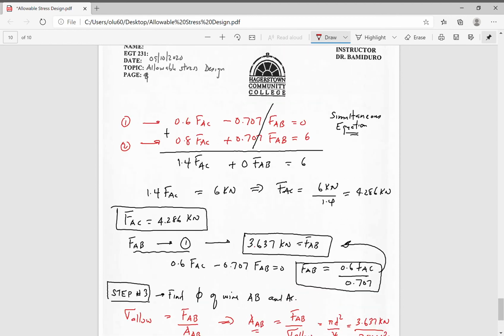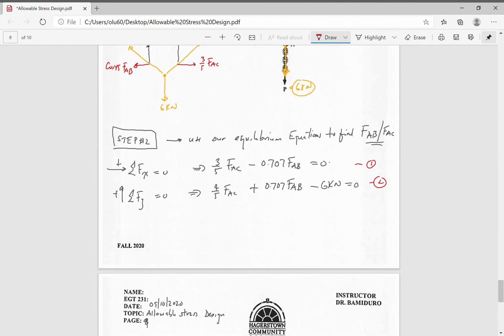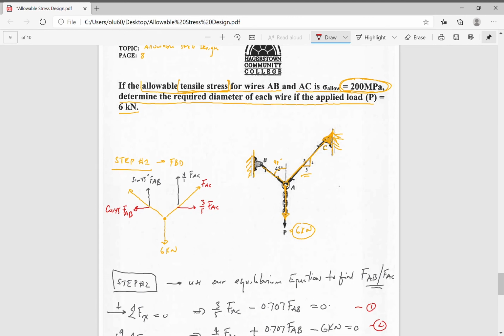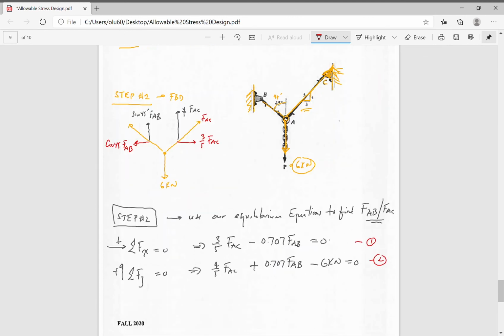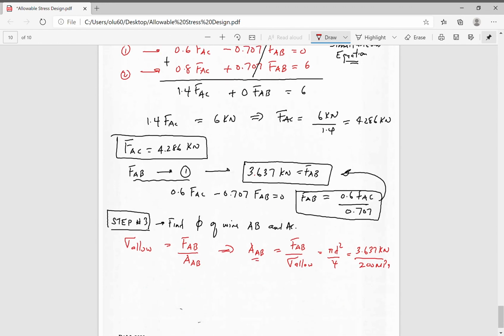They told us that the allowable was 200 megapascals. And remember that a megapascal, MPa, is nothing more than Newton per, well, the M is going to be 10, so keep this in mind: a megapascal equals 10 to the 6 Newton per meter squared.